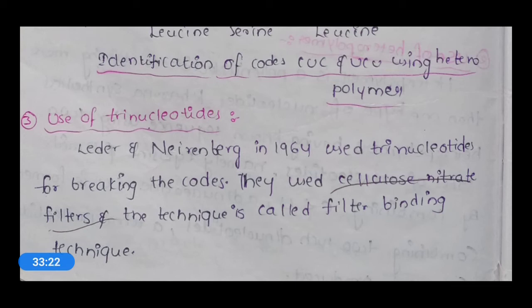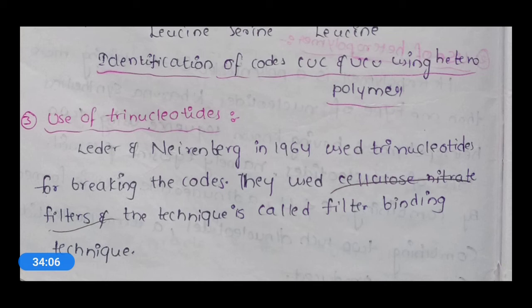They took a mixture of poly U, a synthetic poly U, and ribosomes prepared on the cellulose nitrate filter.